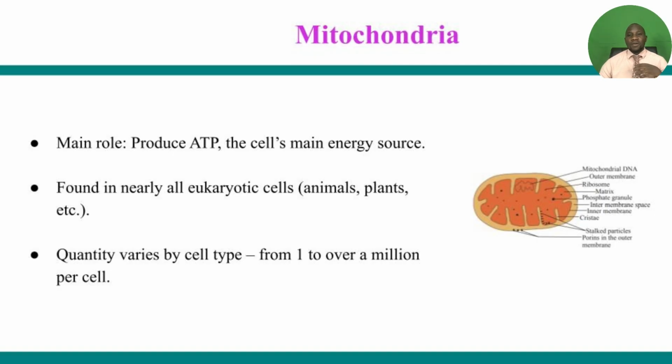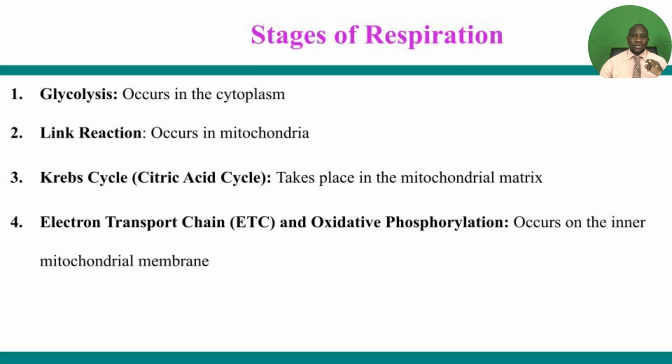Remember that respiration happens in three main stages: glycolysis, the Krebs cycle, or the citric acid cycle, and then the electron transport system. Those are the three stages of respiration.